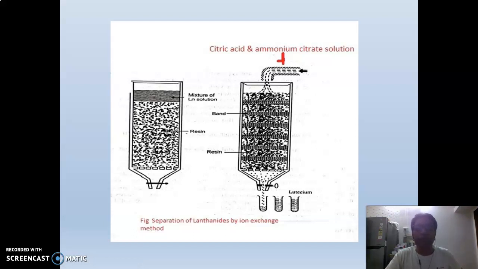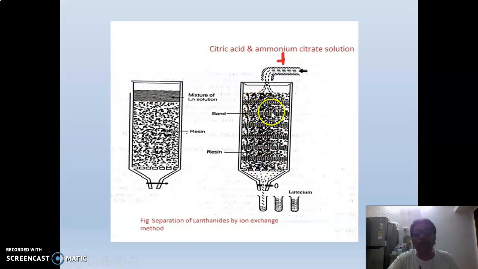Actually, an acidic solution can be added, but it cannot give a good separation factor, and individual separation of the lanthanon ions is not possible. Therefore, the proper eluent is to be added. So this citric acid and ammonium citrate solution is added into the resin column, and it creates the individual bands in the resin column.